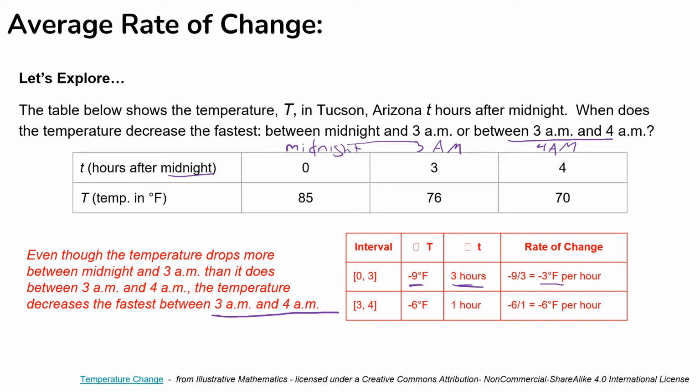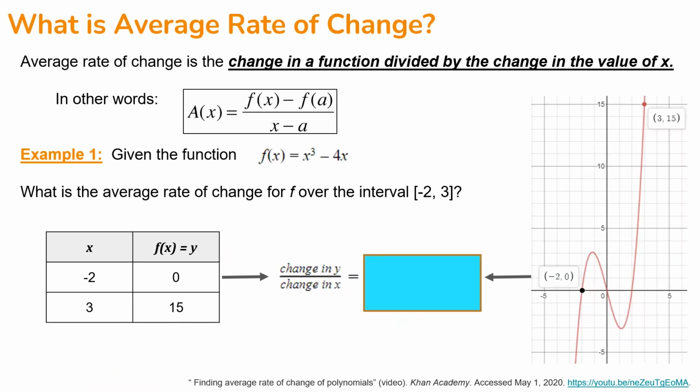But if we look at the interval from 3 to 4, this is just 1 hour, and it dropped 6 degrees in just 1 hour. And so although from midnight to 3 a.m. it dropped more, the fastest decrease or the fastest rate was within that 1 hour period because it dropped 6 degrees.